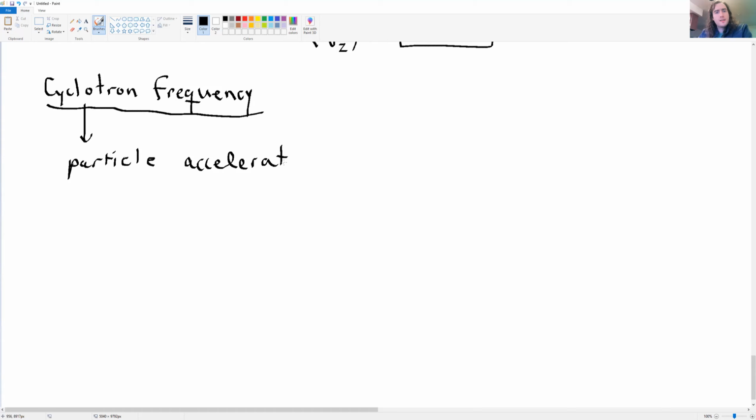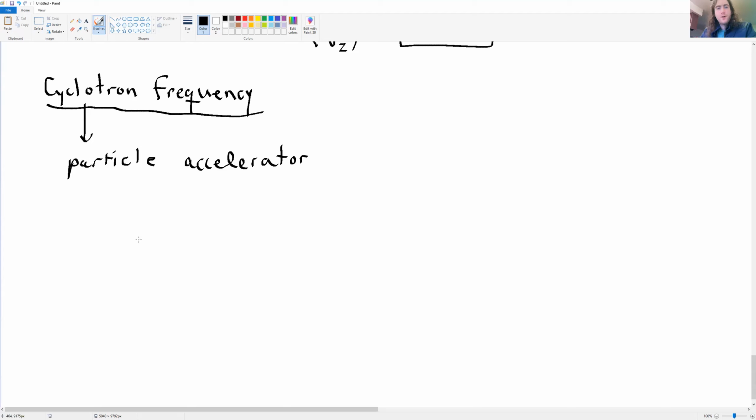And of course, all the physics that we've done today with magnetic fields applies to a cyclotron. So if you happen to work on a particle accelerator in the future, all of the stuff that we've learned today is really important for that.